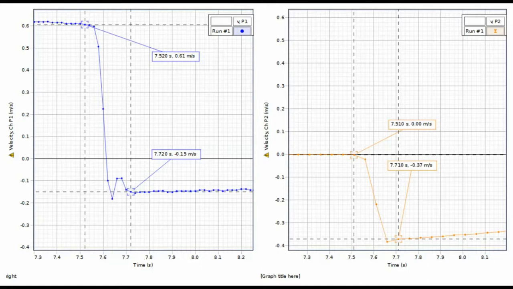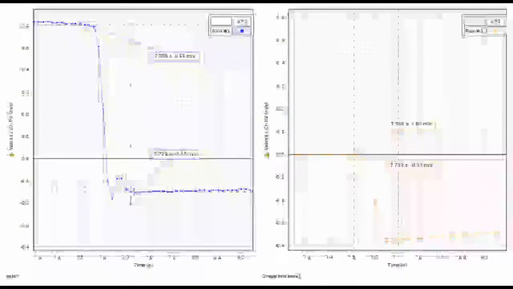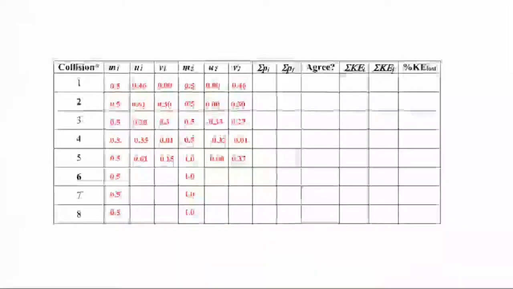So here we have figures of 0.61 and minus 0.15 and 0 and plus 0.37. So that's where they can go now into the data table.